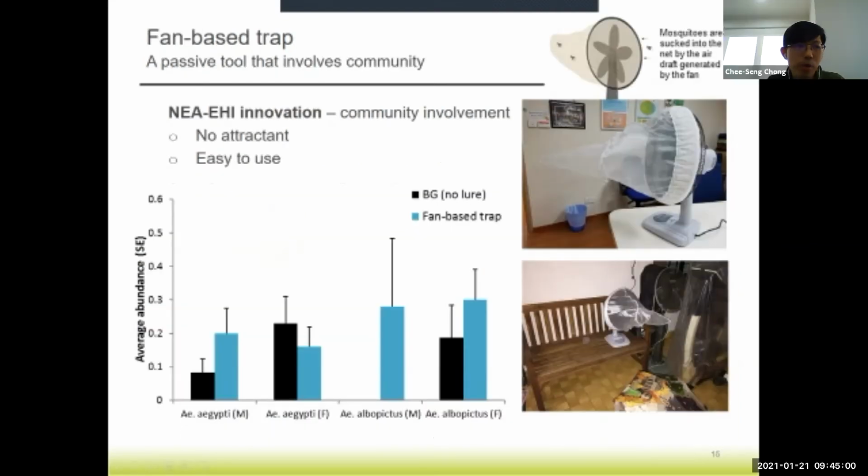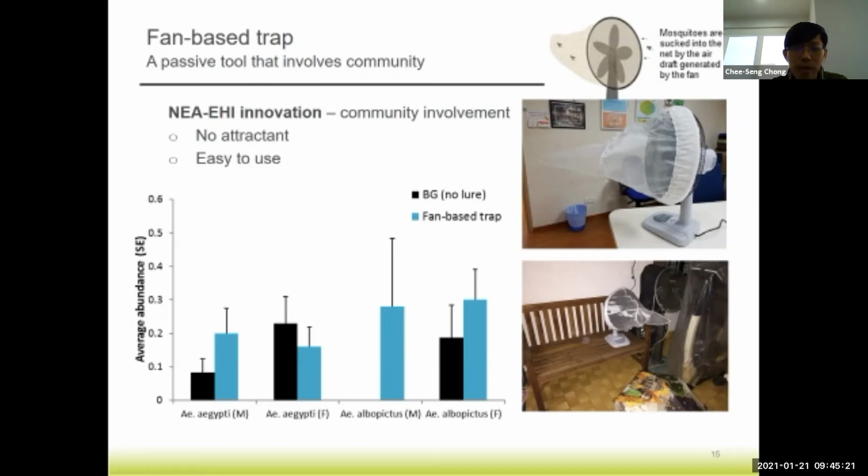So of course, moving on from the sticky trap, just to share some other innovation that we have shared with other participants in the past is the use of just a netting in front of a fan. We have used this for some of our research studies and even surveillance itself.